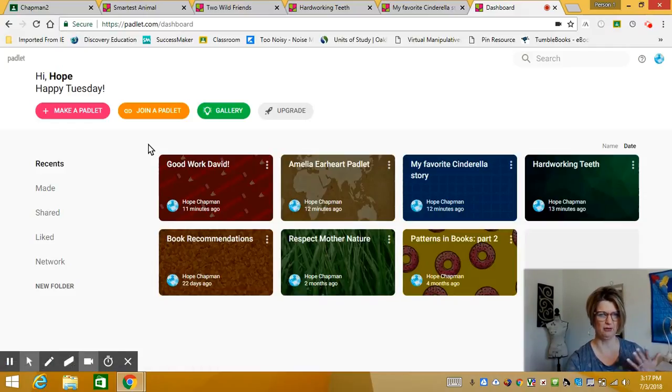Now, you may think, first of all, what in the world is Padlet? Basically, it's a gigantic bulletin board where students can put virtual sticky notes on. I give my students sticky notes all of the time, still with or without the computers, and ask them to read their chapter book or read an article or read a nonfiction text and ask them to respond a certain way on a sticky note.